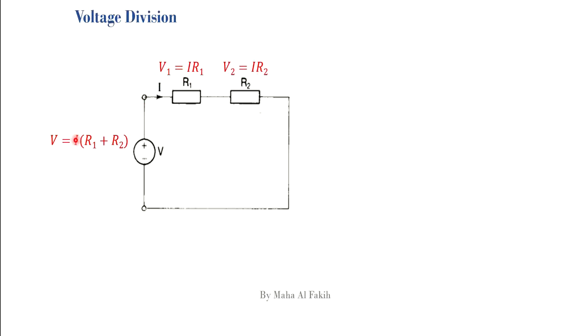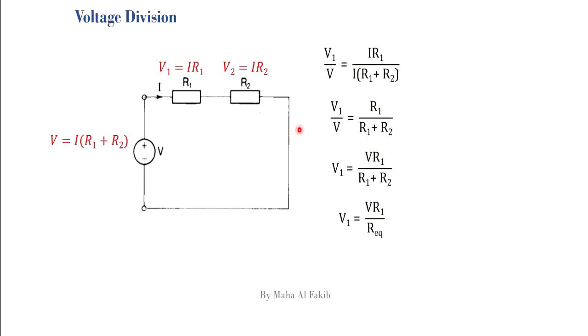Taking I in common, we obtain that V is equal to I into R1 plus R2. Writing the ratio, V1 over V is equal to IR1 over I into R1 plus R2. Eliminating I, we can write V1 over V is equal to R1 over R1 plus R2.